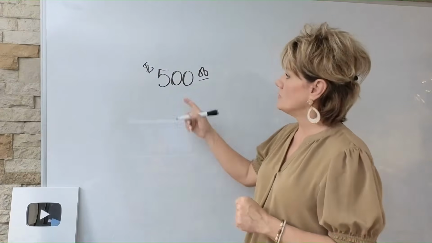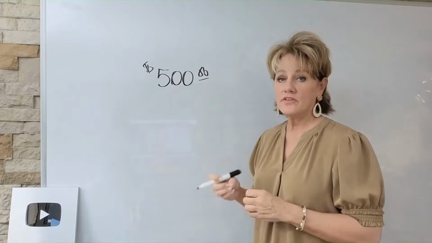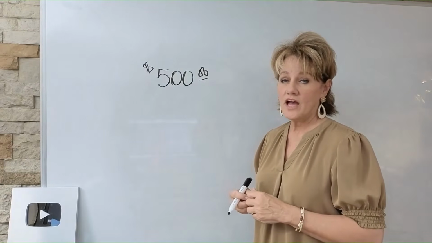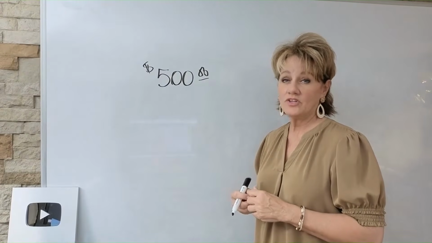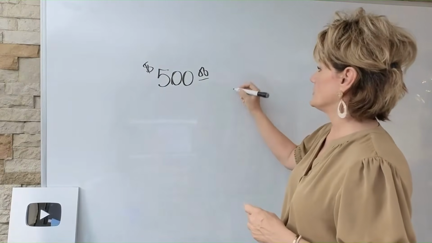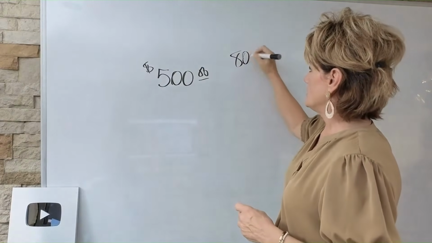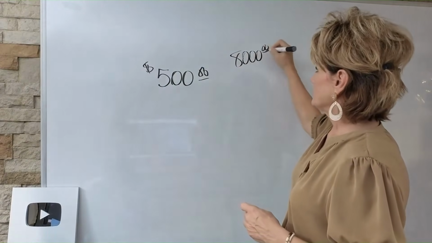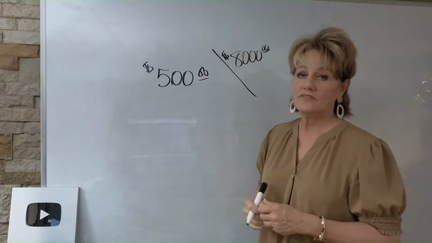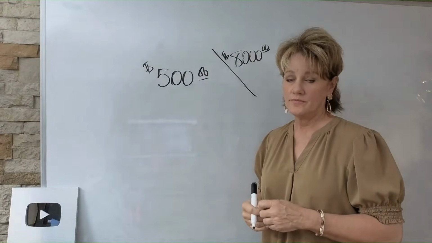So if you have a $500 monthly payment on a credit card, then you probably have close to, I don't know, $8,000 in debt. Let's just use that for an example. So an $8,000 credit card balance that you're paying $500 per month on.